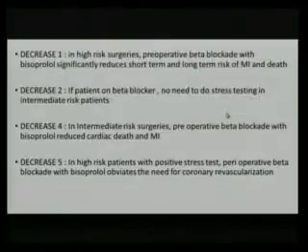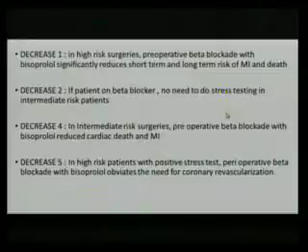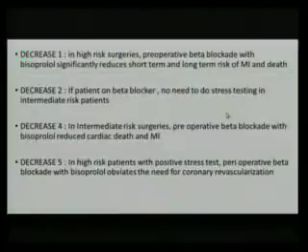Okay, so let me give you a brief idea about what the DECREASE trials were, because this was the bulk of clinical evidence, or the main database on which all the recommendations prior to 2014 or so were based. DECREASE 1 came in 1999. It said in high-risk procedures, do perioperative beta blockade with bisoprolol, because it is associated with better outcomes.